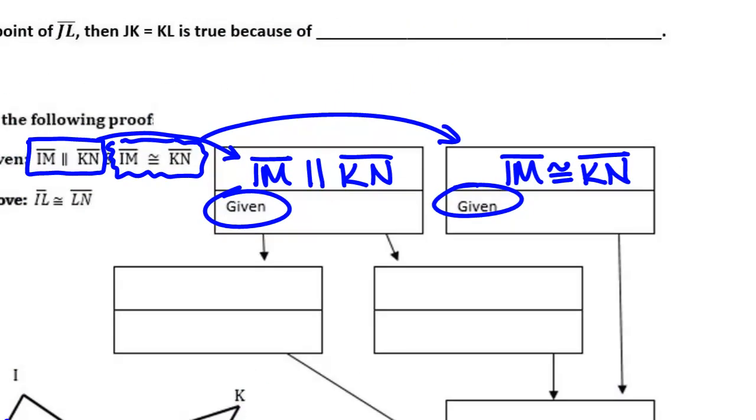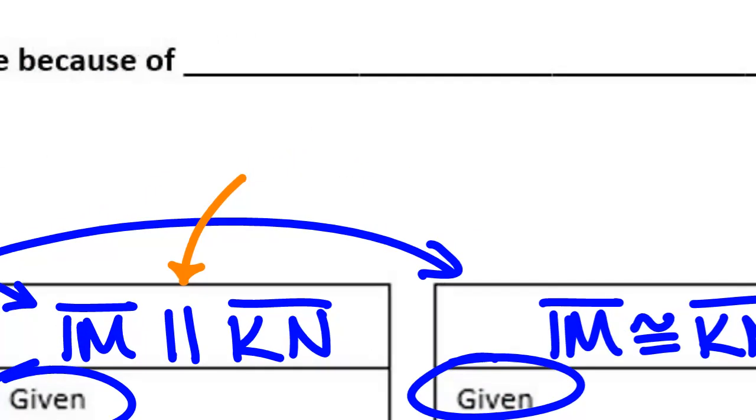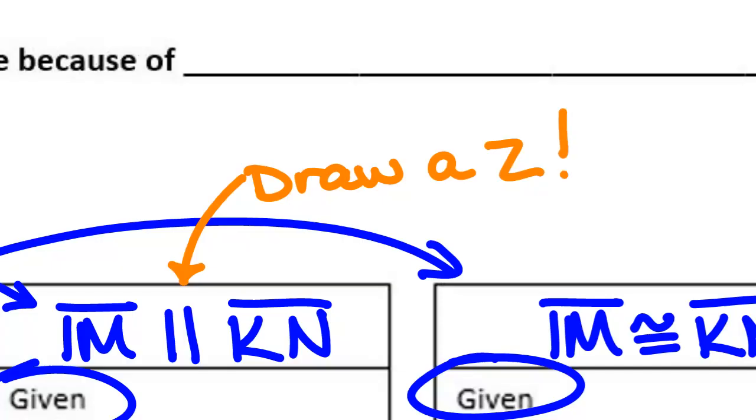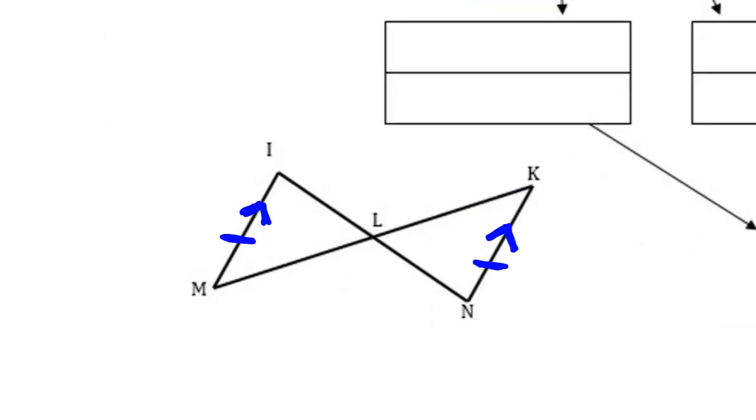Now when we see parallel, what do we draw? Draw a Z. When I come over here to these 2 line segments and I go to draw my Z, IM and KN, I've got 2 different segments that I could trace over to make a Z-type shape. That's why there's 2 things that I can say here. That's why there's 2 boxes leading off of this one. If I connect these 2 right here, then I can find a pair of congruent angles.